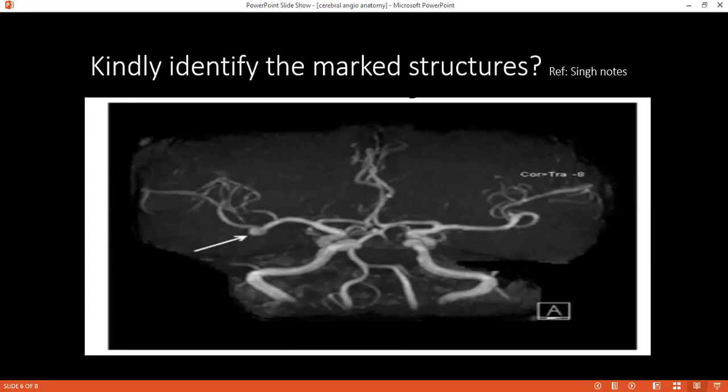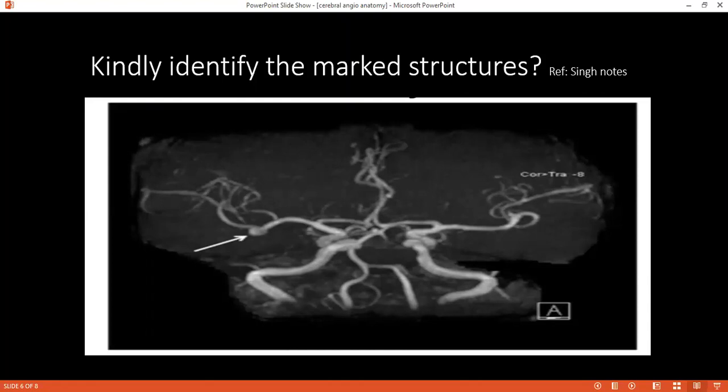At what level, if you can tell me, does the common carotid artery bifurcate? Common carotid bifurcates at C4 vertebral level. Yes. Which vessel traverses the foramen transversarium in cervical vertebrae? The vertebral artery passes through the foramen transversarium of the cervical vertebrae.